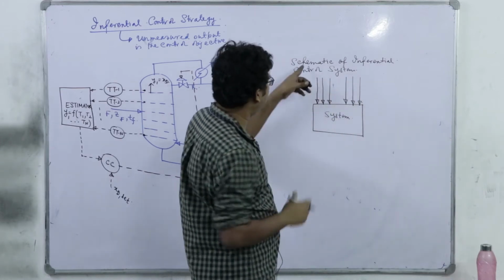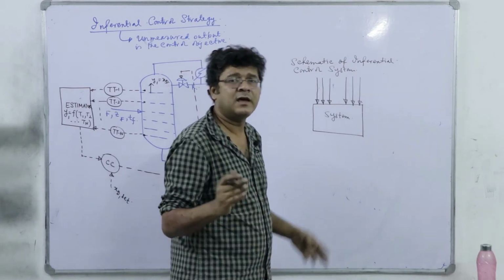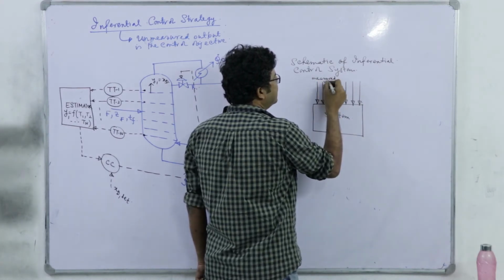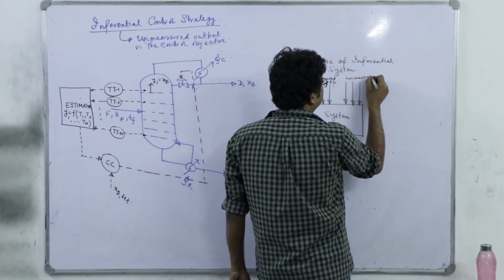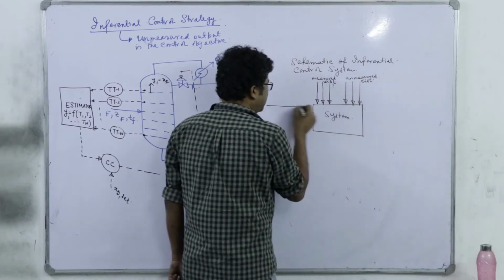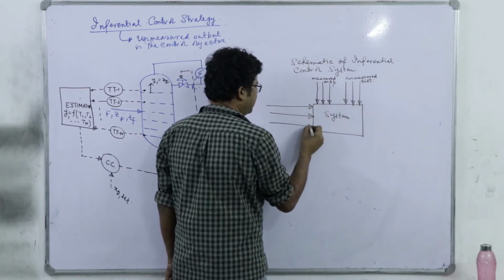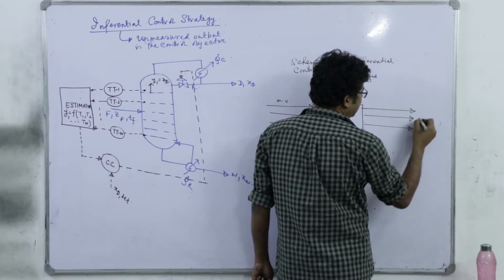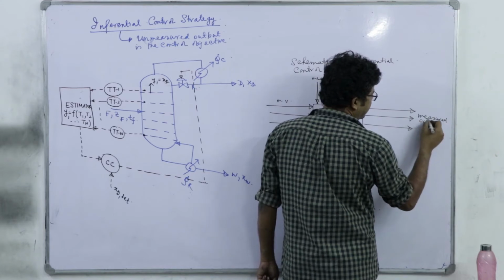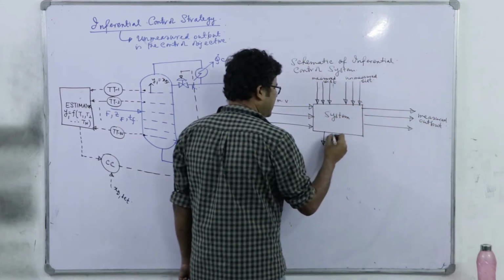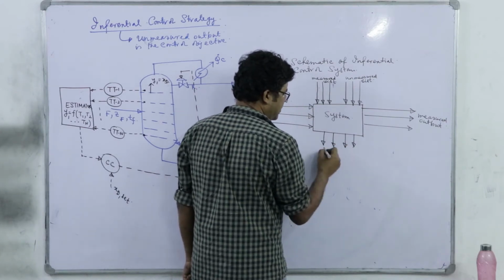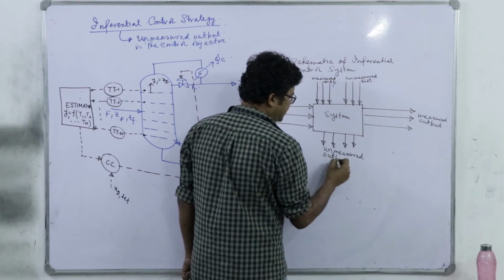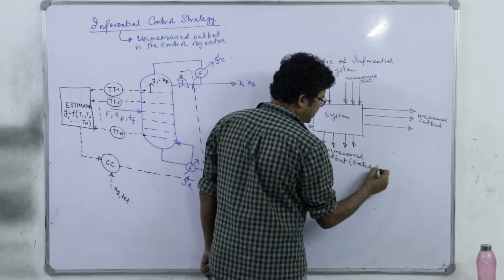Here, particularly from the perspective of the inferential control strategy, all the disturbances are unmeasured, but we write them as measured disturbance, unmeasured disturbance, manipulated variable, measured output, then unmeasured output, and these unmeasured outputs are my control objective.